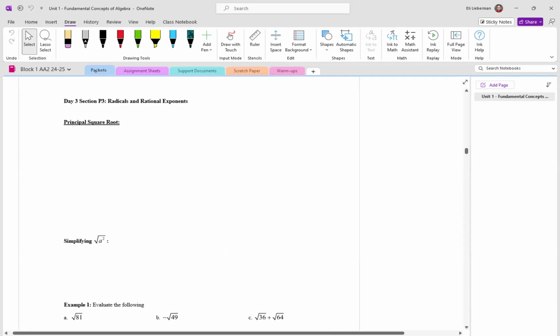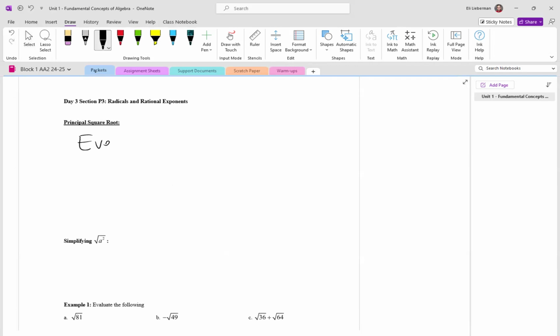Principal square roots. Every positive number has how many square roots? Just one? It has 2, doesn't it?